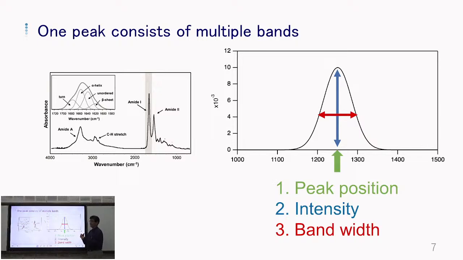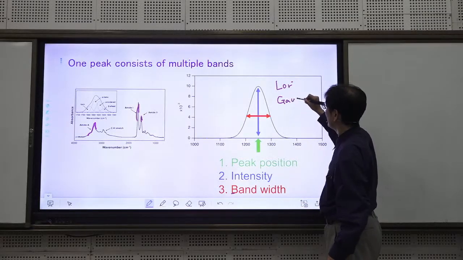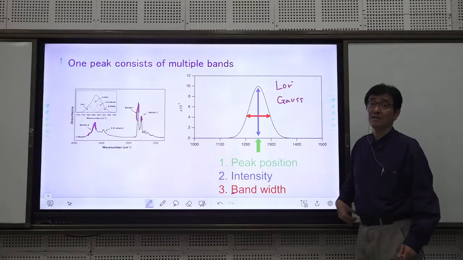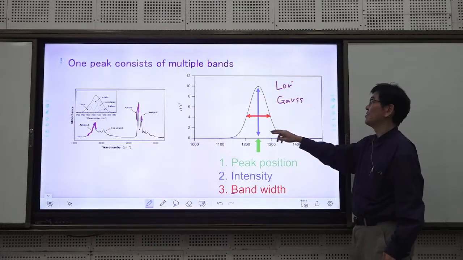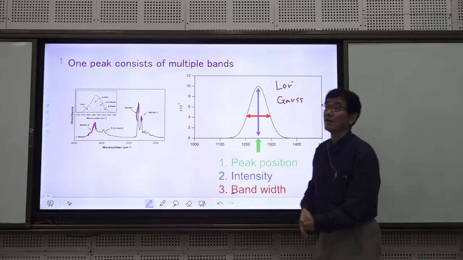Yesterday, there was a question about Gaussian and Lorentzian bands. There are typically 2 kinds of symmetric functions used to analyze the Raman and IR bands.